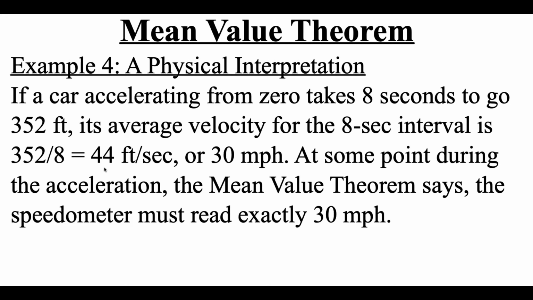So that would be 44 feet per second, which roughly equates to 30 miles per hour. So because of that, and because of the mean value theorem, at some point during that acceleration, the mean value theorem says that there had to be a specific point along that interval where the speedometer read exactly 30 miles per hour.